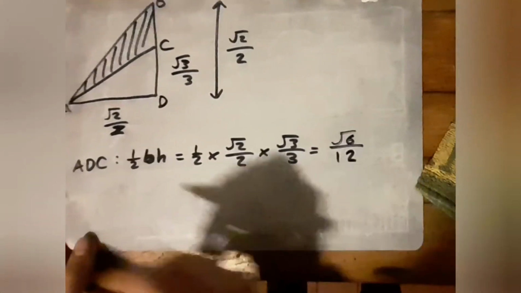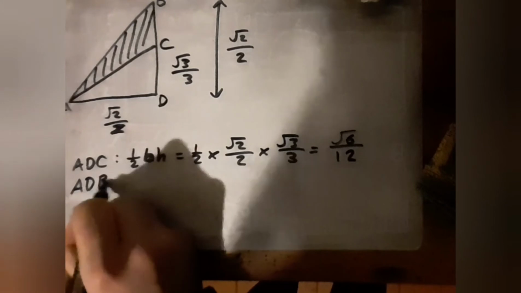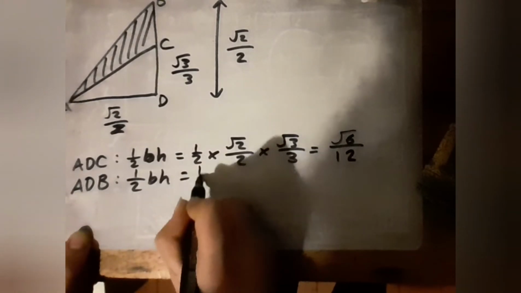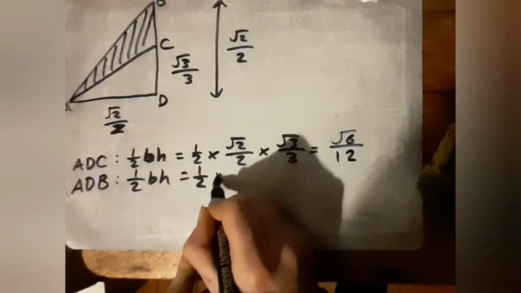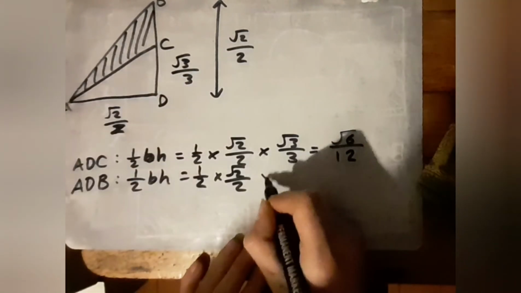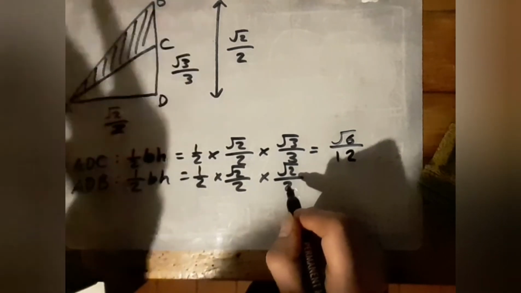And if I do the same thing with ADB, so again, half base times height, we can say that it's half times √2 over 2 times √2 over 2 again. So I guess ADB is an isosceles triangle.